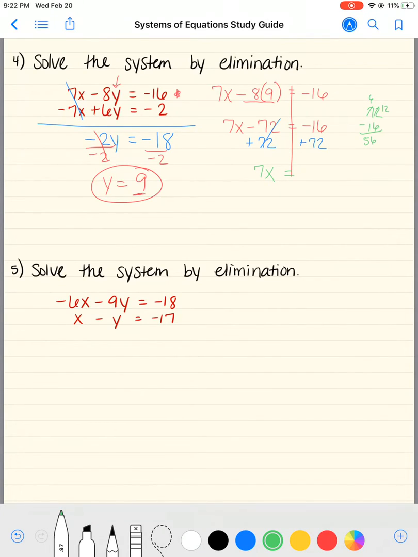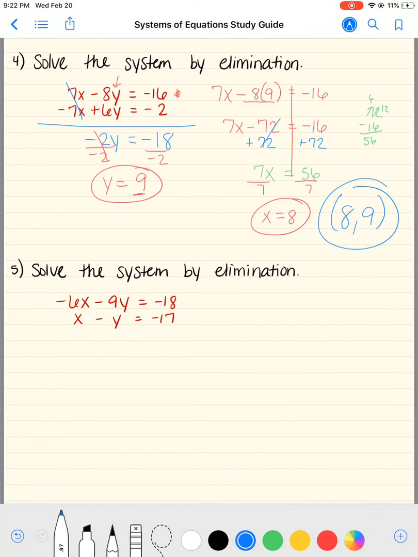You get 56. And then finally divide by 7, so x is going to equal 8. And then remember, our answer has to be an ordered pair, so 8, 9 would be your ordered pair.